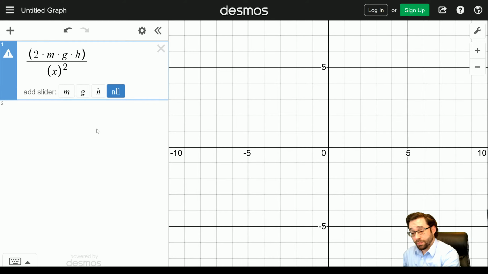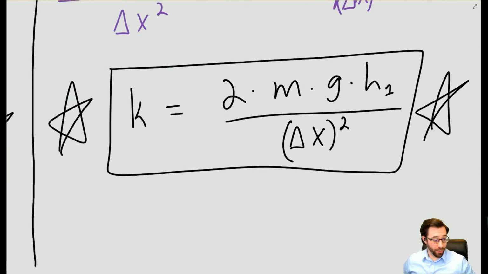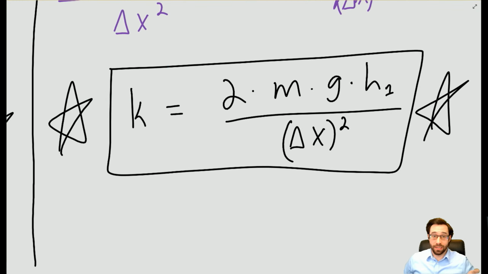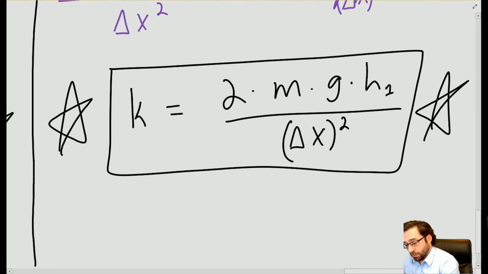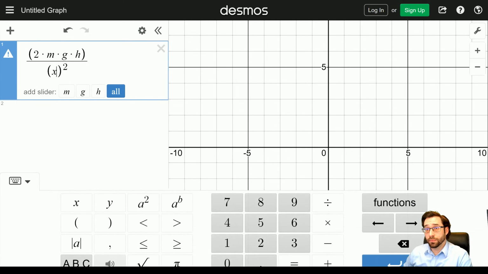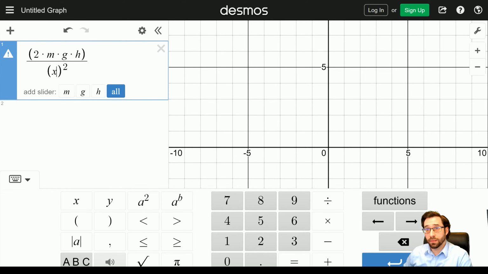So when I look back at my equation, 2 times m times g times h on the top. On the bottom, I have x squared. And here it's delta x squared, but again, the delta is more for a visual representation. Okay. So now, wait, why is the x not there?